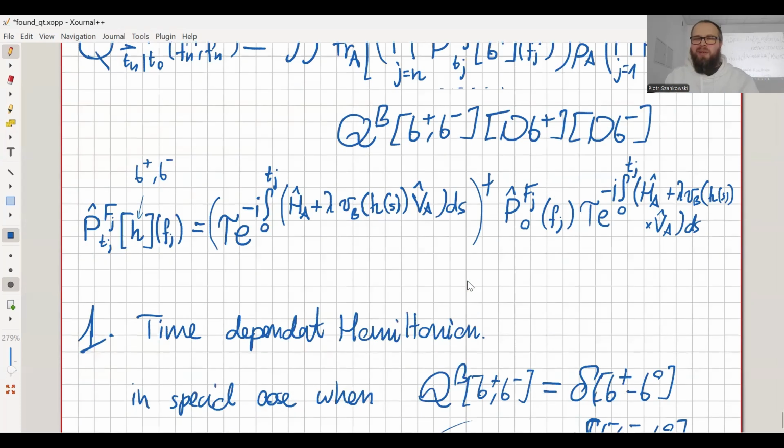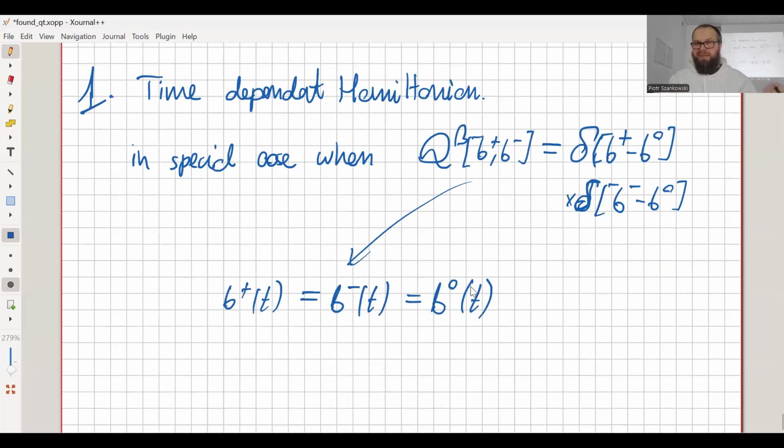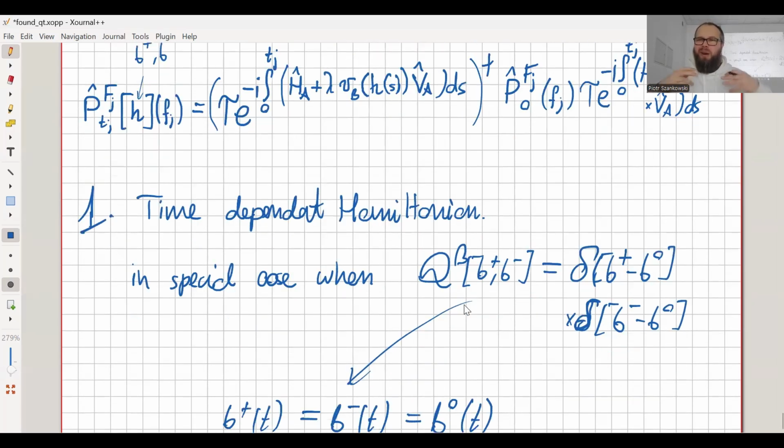which would amount to setting an effective Hamiltonian for the system A that looks like a Hamiltonian caused by a coupling of operator VA to some external field B0. Okay, so this would be an explanation for why you can have time-dependent Hamiltonians in your quantum systems, right?